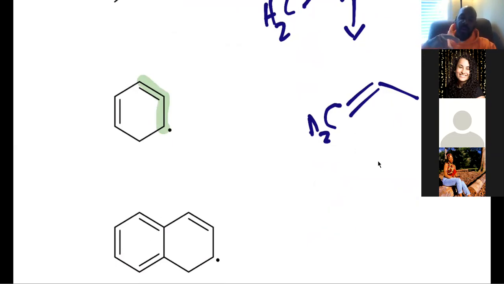But you can't touch the other one yet because if you notice over here, you've got an alkene, but you don't have any electrons to give it, so you don't have any donors. So you can only touch this alkene right here. You can't touch the other one yet. But you're right, everything is going to move in that direction. So let's see what happens.